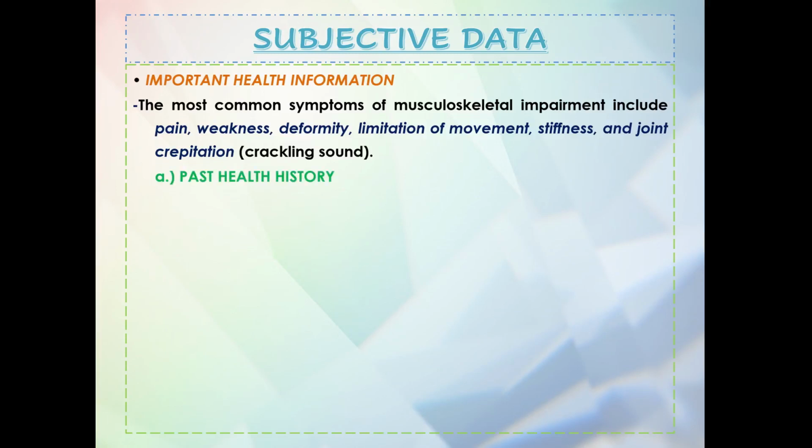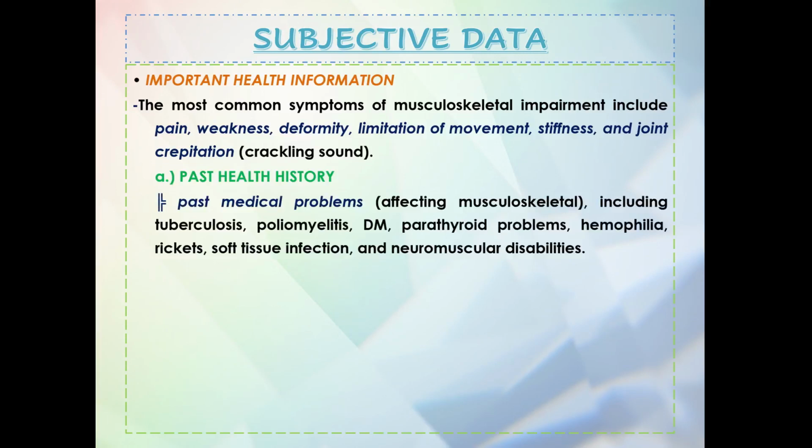So first is the past health history. In this area, we ask the patient about the past medical problems affecting the musculoskeletal. And this includes tuberculosis, poliomyelitis, diabetes mellitus, parathyroid problems, hemophilia, rickets, soft tissue infection, and neurovascular disabilities.